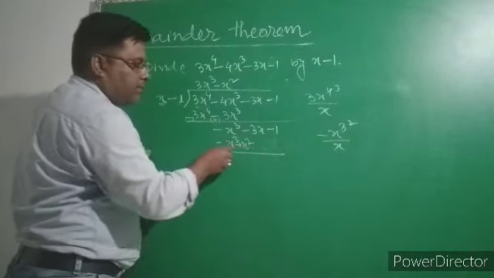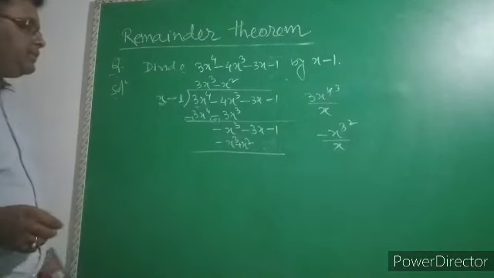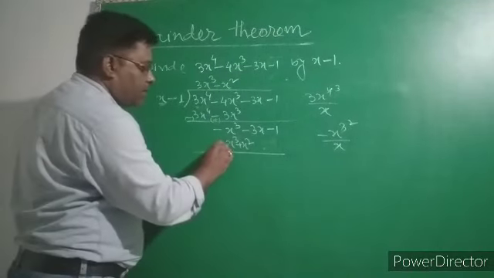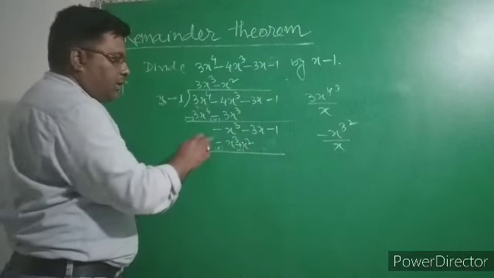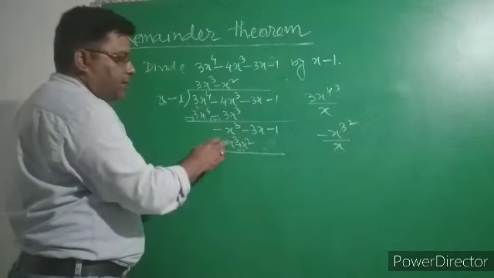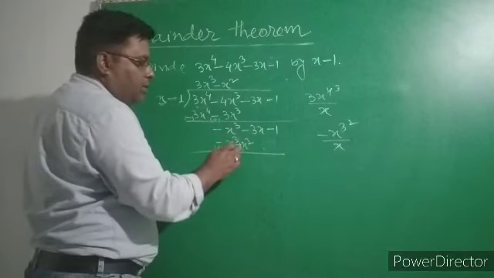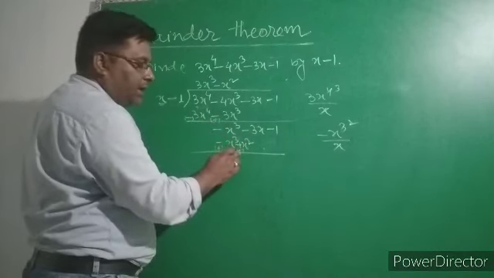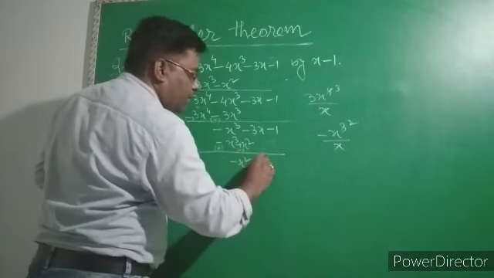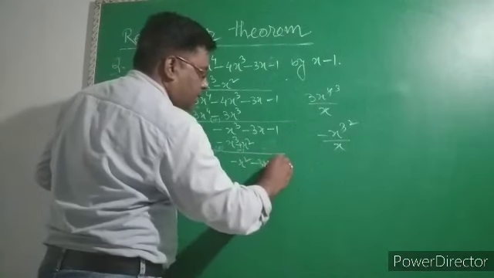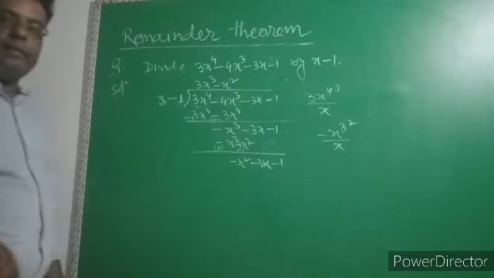Now subtract it. Now it becomes plus, it becomes minus: x cube plus x cube cancel out. So next plus is minus x square. You have to write minus x square. It's minus 5x minus 1.